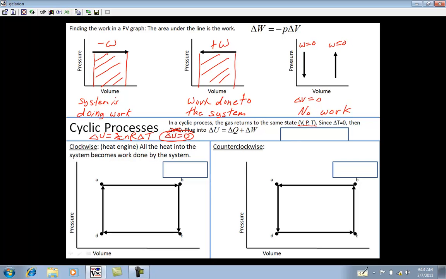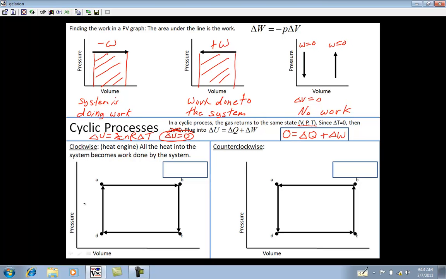Okay, good. So it's going to mean that the change in internal energy equals 0. So I get 0 equals delta Q plus delta W. So that's in a cyclic process when you go from the beginning all the way to the end.